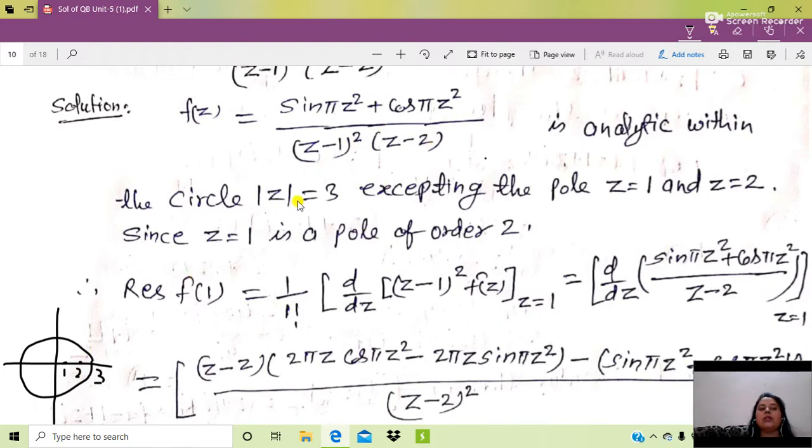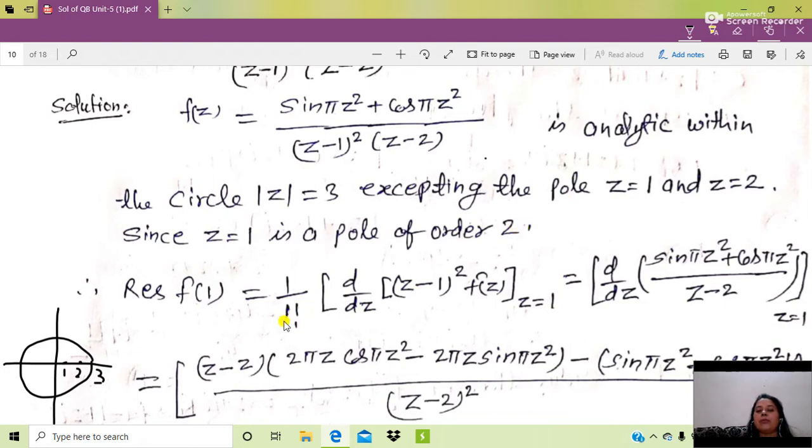So we have to calculate the residues at z = 1 as well as z = 2. To calculate the residue at z = 1, since it is a pole of order 2, we use the formula for higher order poles: 1 upon factorial (n − 1) times the (n − 1)th derivative of (z − a)ⁿ f(z) at z = a. In place of a we put 1, and in place of n we put 2.